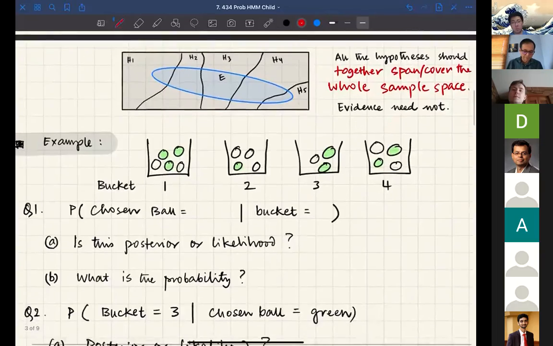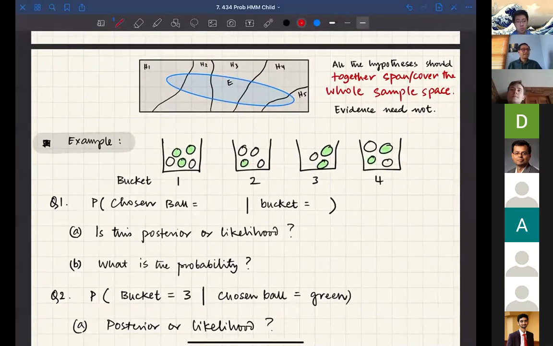Let's look at an example. I tell you that there are 4 buckets, and the 4 buckets have different numbers of balls in them. The first one has 5, the second one has 4, the third one has 3, the fourth one has 4.